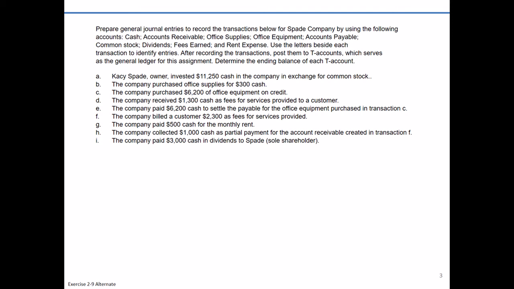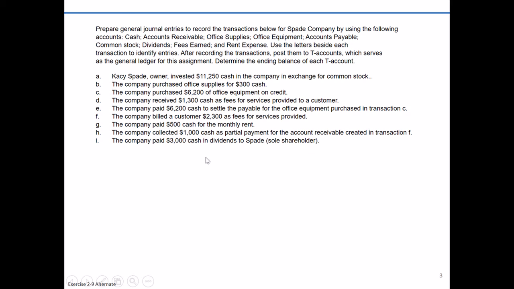And we would do that so that we understand ultimately what are the accounts that are affected, and also what are the dollar amounts. You see dollar amounts listed here. We'd have to analyze the source documents to understand what those are. We'd also have to analyze the source documents to understand, is this even a transaction that we should record at all within our accounting records?